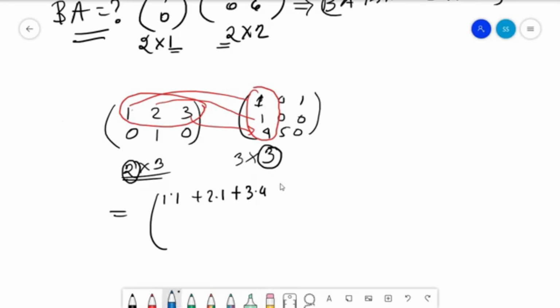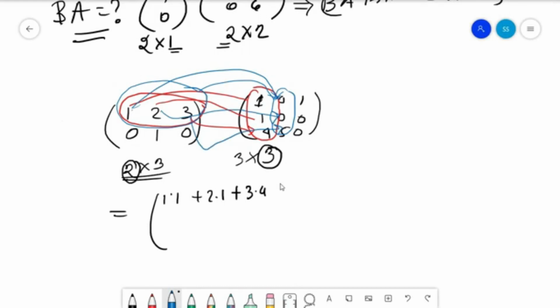Let me denote this with another color. So again, you take this row, multiply each element of this row with each element of this column like this: 1 with the first 0, that is the second element of the first row and the second column, then 2 with this 0 and 3 with this 5, and then you add them.